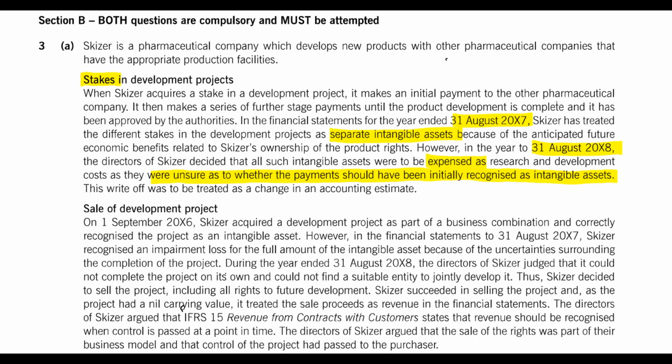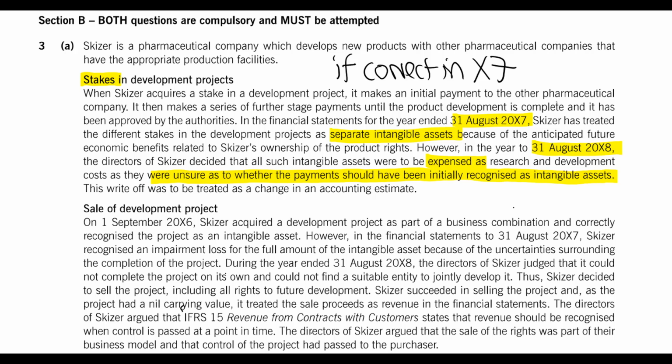Now there's 2 things that we have to consider. First of all, if it was right to have originally capitalized the asset. If it was correct in X7 to have originally capitalized the asset, we now are faced with a situation where we don't believe that we're going to recover anything from that asset.